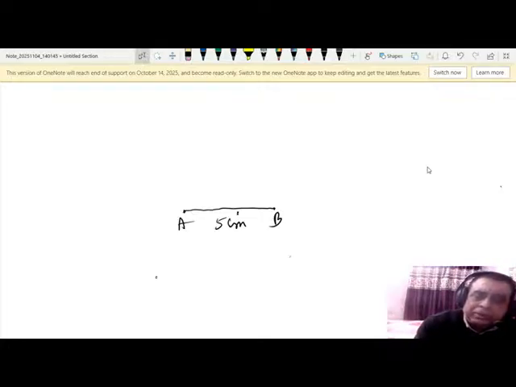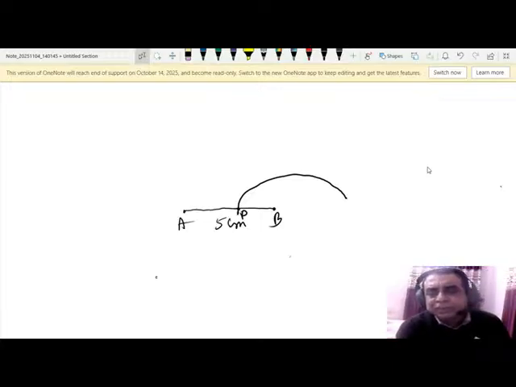Put the compass needle at the point B and draw an arc like this. Suppose this arc cuts the line AB at a point, call it P. Now put the compass needle at the point P and, taking the same radius, cut this arc.